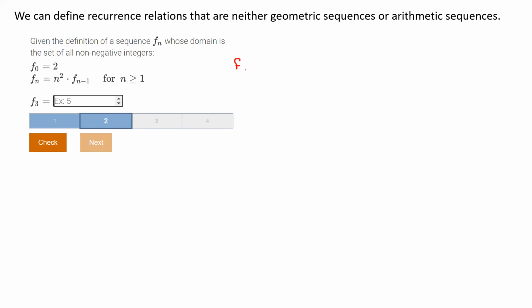So I'm going to say F naught, F1. They want us to find F3. And on these recurrence relations, you can't just skip to the final one. Since each one depends upon the previous term, we have to find all of them going up to that. So we'll start with the initial term of 2. That's the F naught. Then F1.